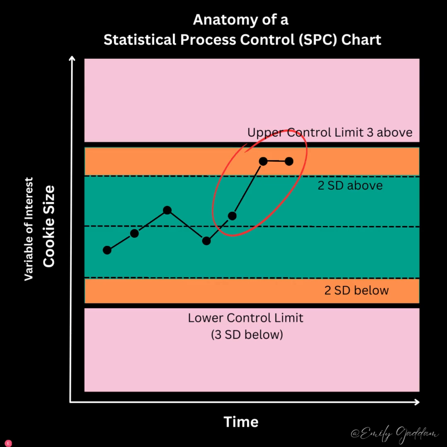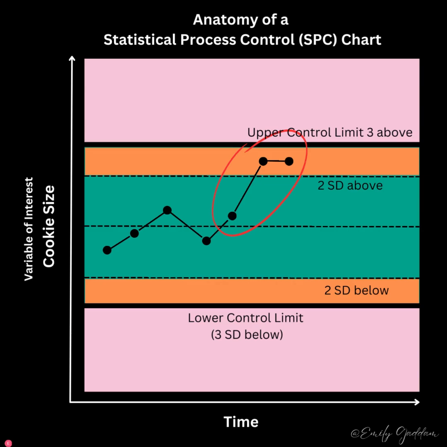Now imagine if we have a series of cookie size measurements. Suppose we observe a single data point that falls below our central line, or above our central line in this case. It raises our attention, but it doesn't necessarily indicate a significant deviation just yet.